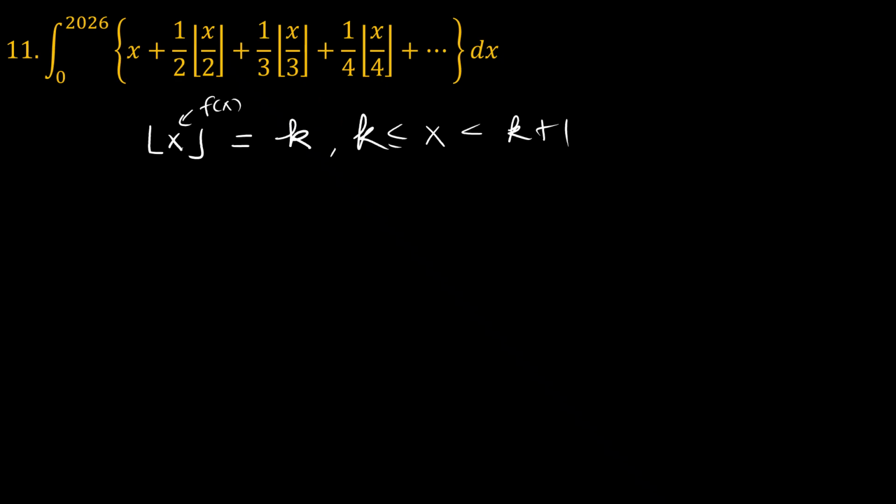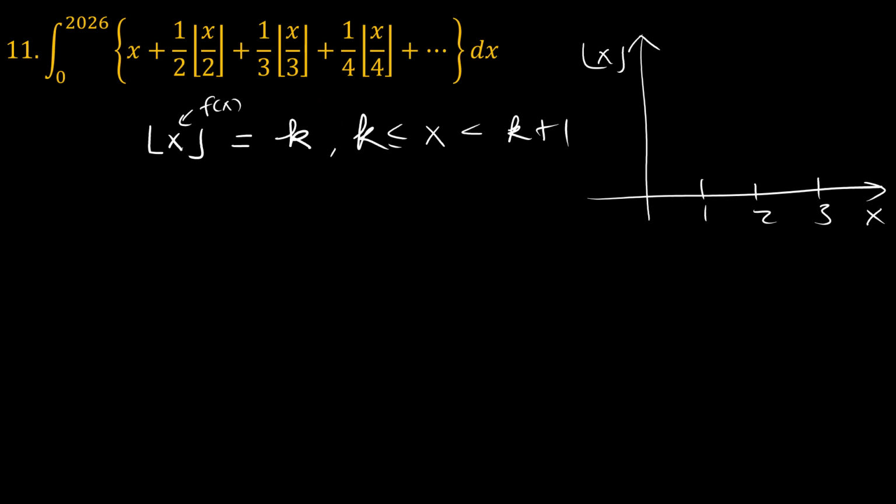And how you would probably visualize it is that if you have a graph, and here we have the floor function of x, we have 1, 2, 3, and so on. From 0 to 1, it's flat at 0. From 1 to 2, it jumps up to 1.